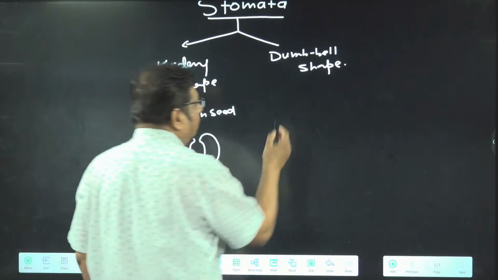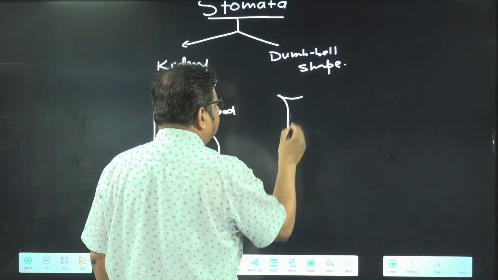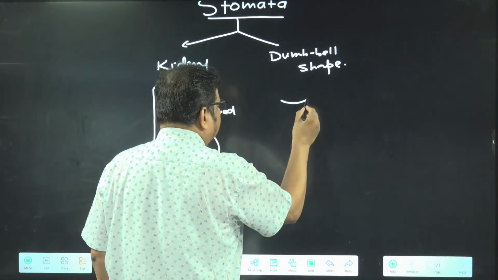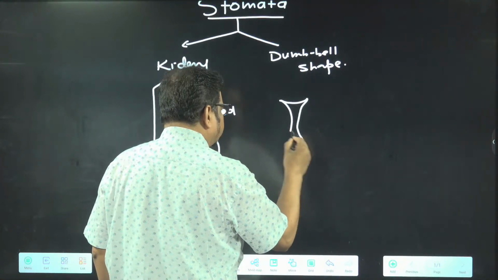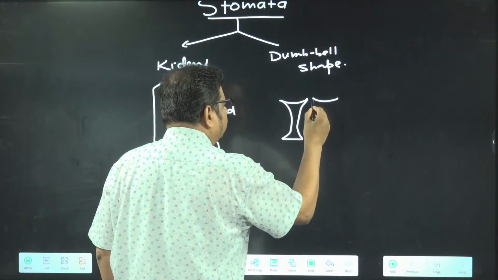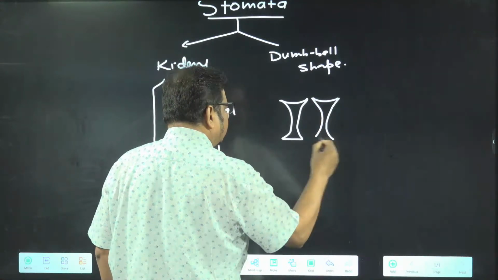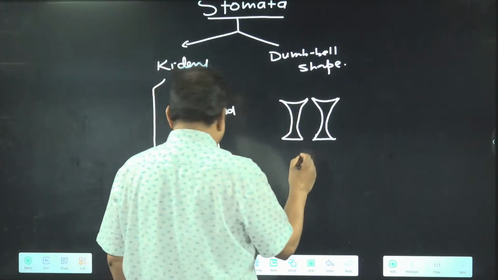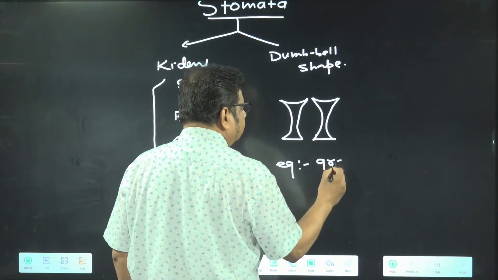And if you talk about dumbbell shape, you went to the gym, so you find the dumbbell there. Where is the dumbbell shape stomata present? The example is grasses.